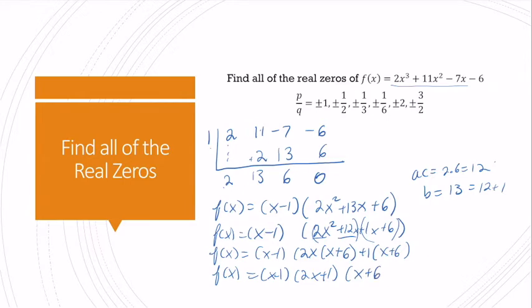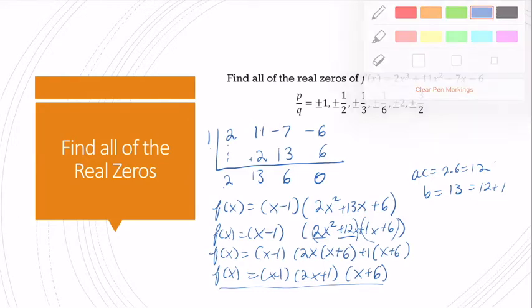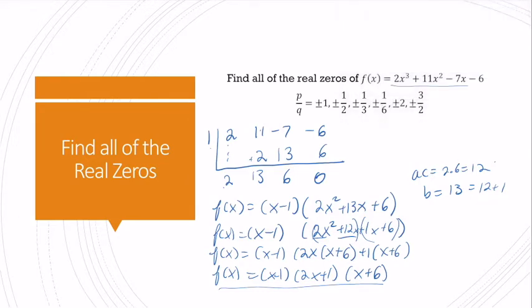So I have to set each of these equal to 0. So x minus 1 equals 0, so I have x equals 1. That's one of our zeros. 2x plus 1 equals 0. I subtract 1 from both sides. I get 2x equals negative 1, so x equals negative 1/2, which was indeed one of our possible zeros.